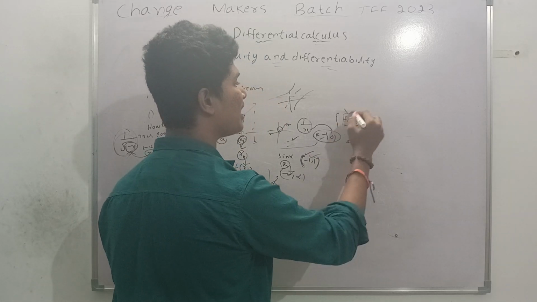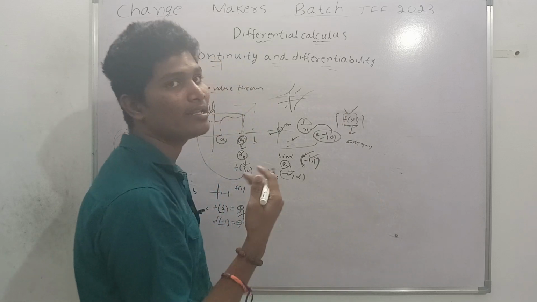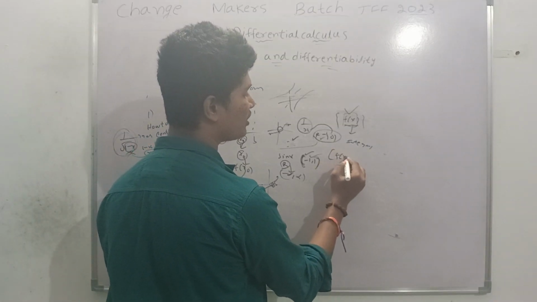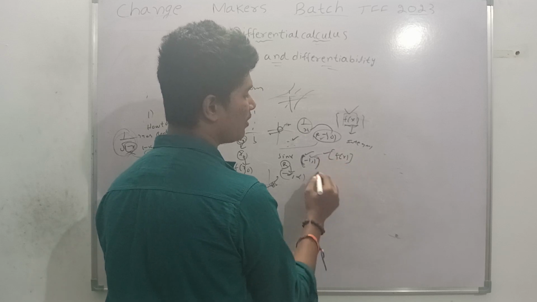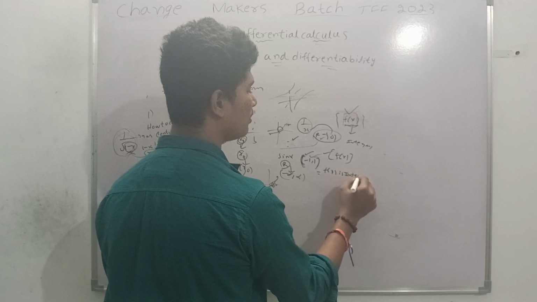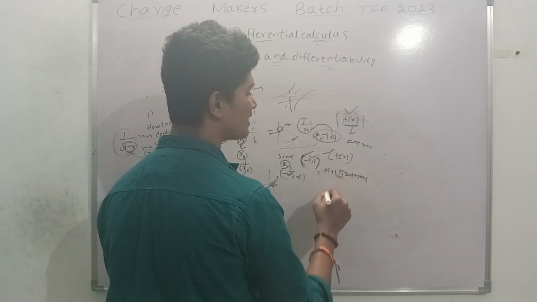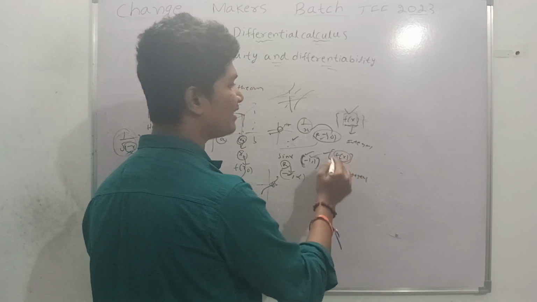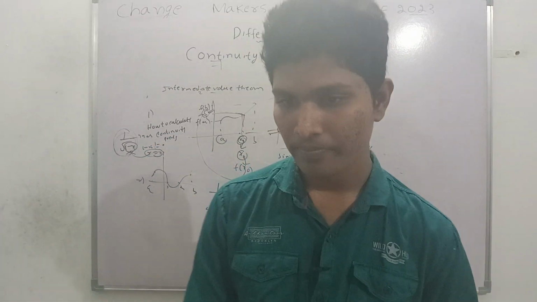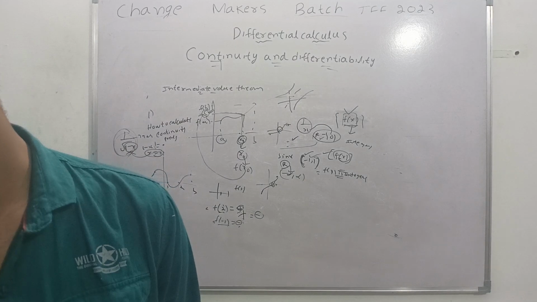At those points the function is definitely discontinuous. And also if we take the greatest integer of f of x, at what points f of x is getting integers, at those points you will get points of discontinuity. It is like this.